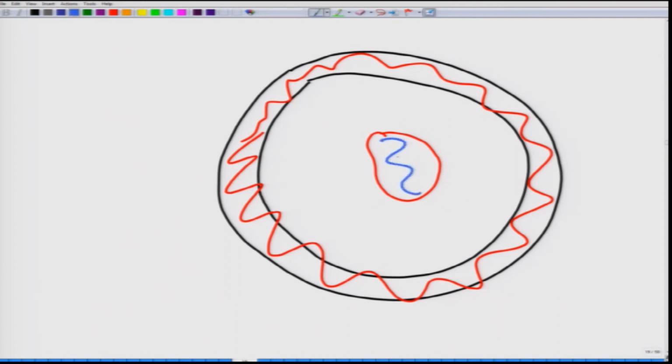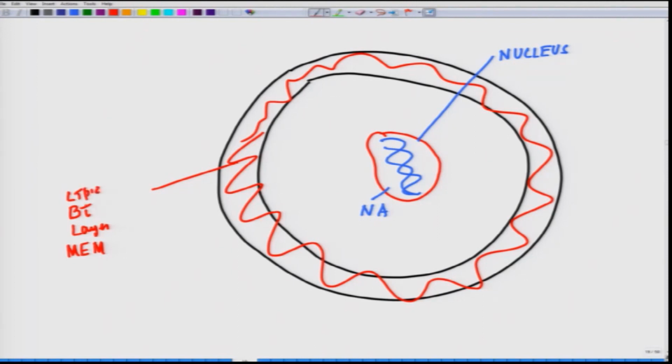Within the nucleus you have the nucleic acid, NA, and this is the lipid bilayer membrane. L stands for lipid, bi for bilayer, and L for layer. Lipid bilayer membrane.